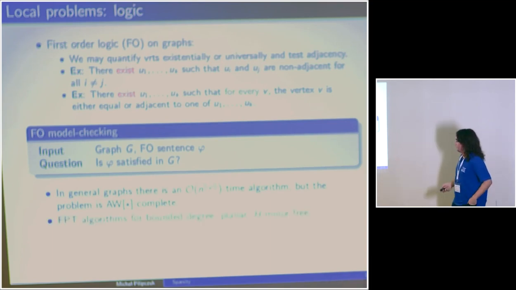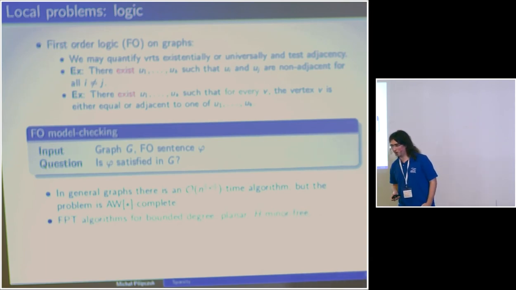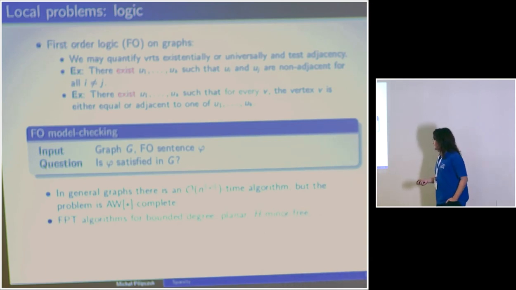However, there was a long line of work on this problem in sparse graphs, like first bounded degree graphs, planar graphs, and minor-free graphs, and for all these classes, there were FPT algorithms parameterized by the length of the formula. So some function of the length of the formula times a fixed polynomial.